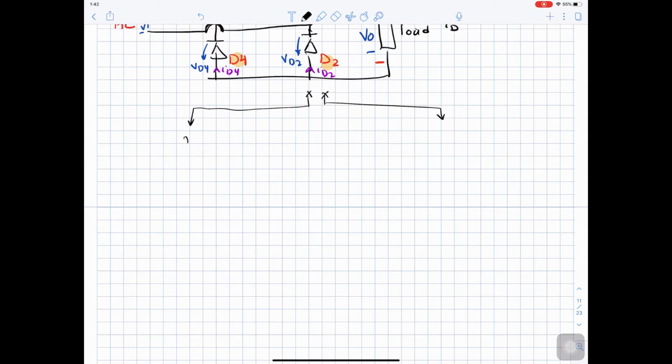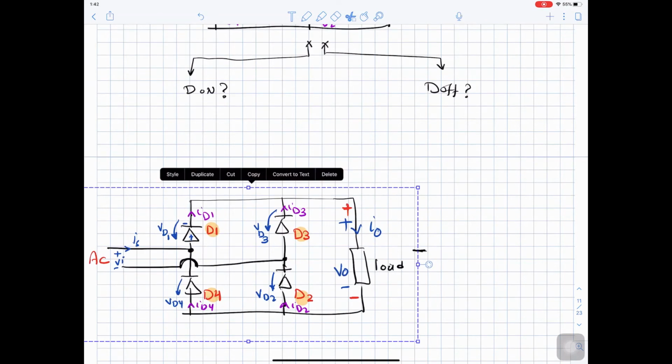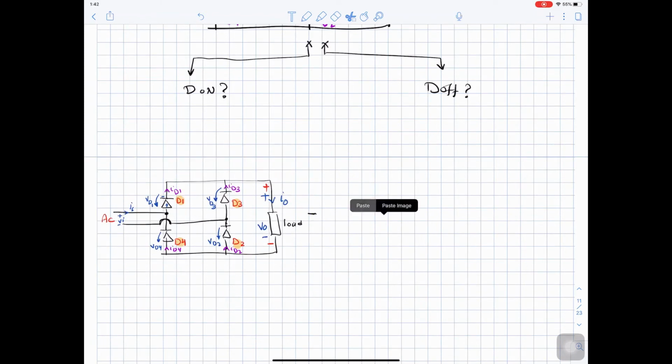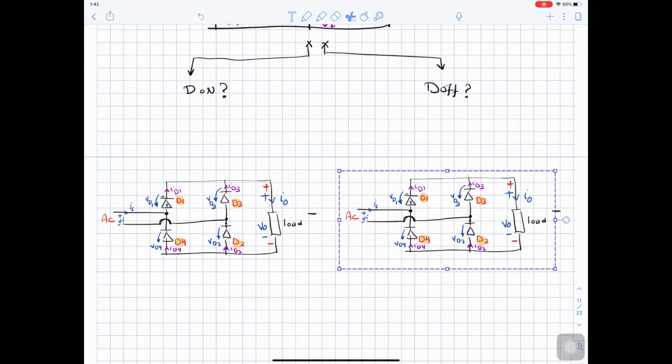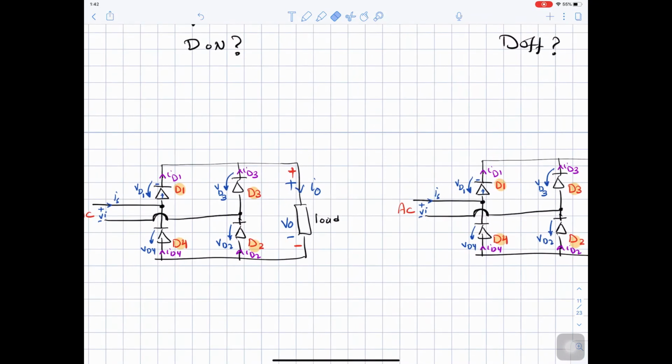When diodes are on and which diodes, and when the diodes are off and which diodes. So let's sketch the circuit here to see what we mean by this. So we will take the circuit in two cases.